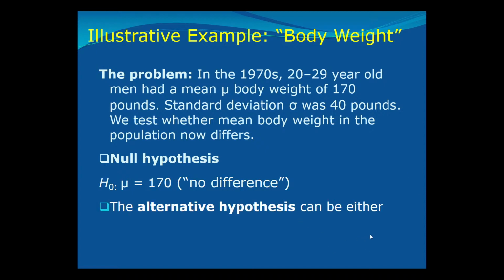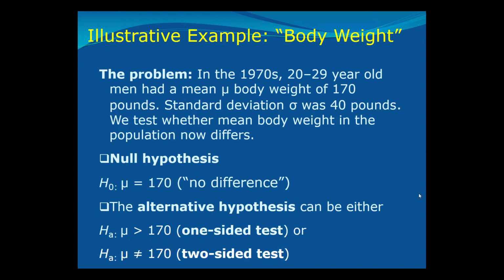The alternative hypothesis is the next one. Mu is greater than 170, or mu not equal 170. If we are interested in direction, we should type the mathematical sign greater or less. If we aren't interested in direction and we need to understand only difference, it doesn't matter.